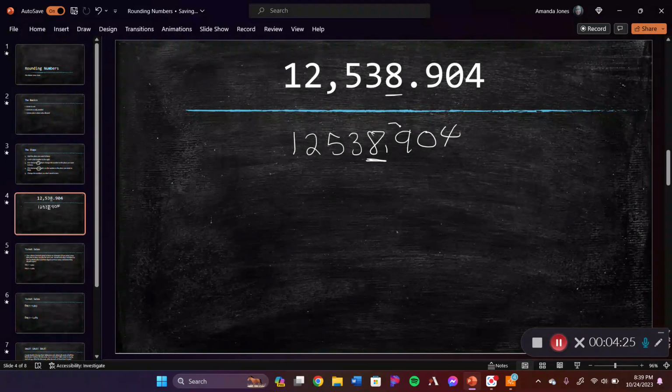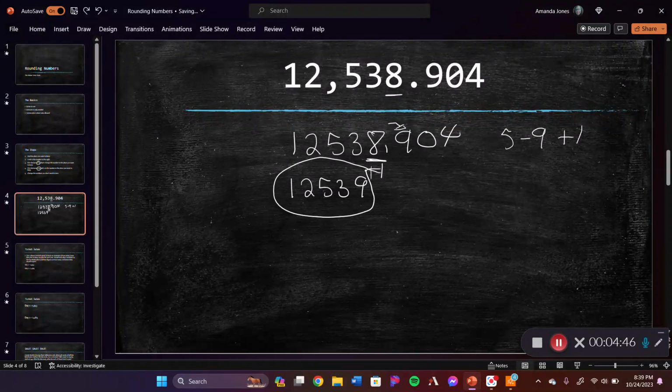We want to keep the 8. We look to the number that's to the right. That's the 9. And don't forget, 5 to 9, we add 1. So we're going to add 1 to 8. Okay, so 1, 5, 3, 8 plus 1 is 9. And again, you don't need those zeros. So this number rounded is 1,539. And that makes sense that it would go up because isn't 0.9 closer to 9 than it is to 8? So that's how rounding numbers work.